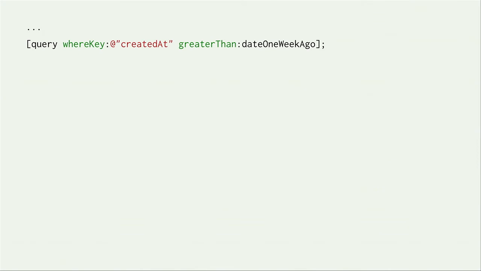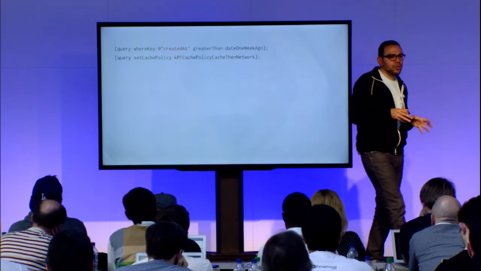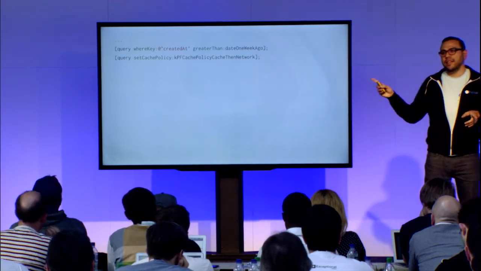But it's not just querying for data. As I mentioned earlier, you want your app to work while offline. So something that you can do when you're querying for objects, you can specify a cache policy. That cache policy will tell Parse, in this case, cache then network, return all the objects that you have available locally first, and then hit the network.